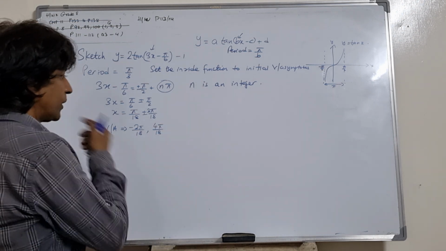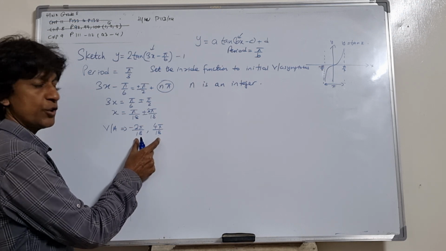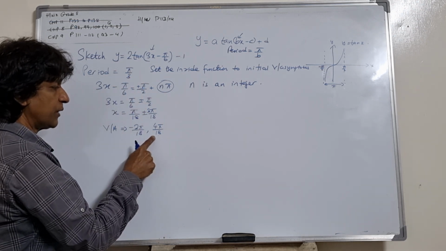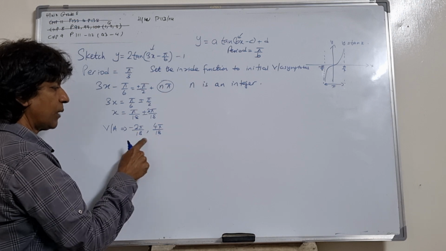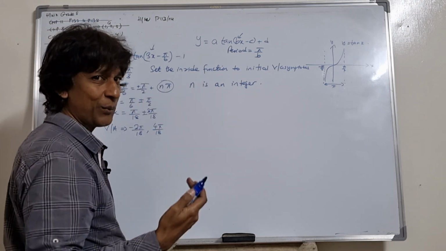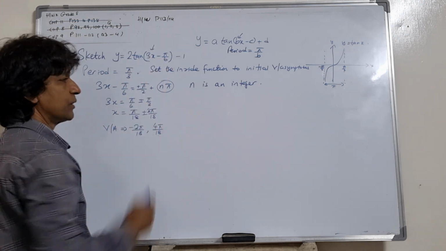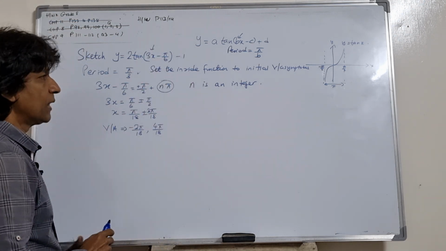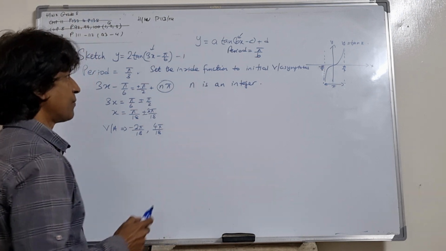And also, you can check that the period between these two is going to be π/3. If you were to find the distance between these two, it's going to be 6π/18, and that 6π/18 means π/3, which checks out. So this is great, and it's correct. And also now there's another transformation with the graph.